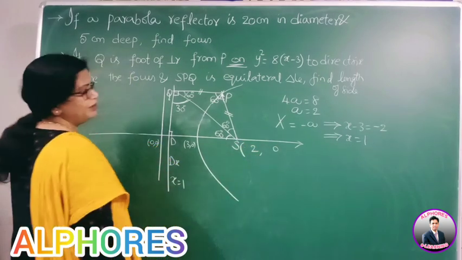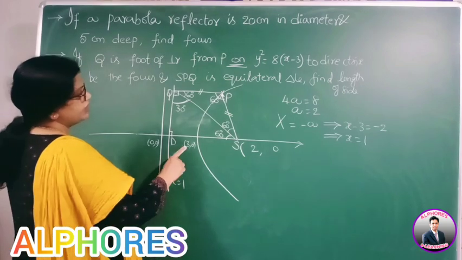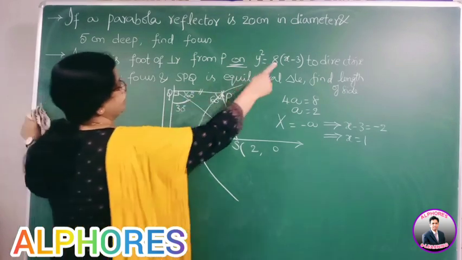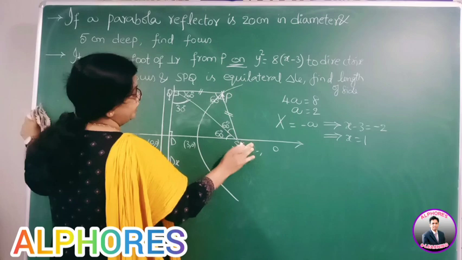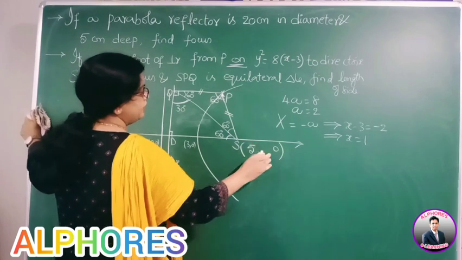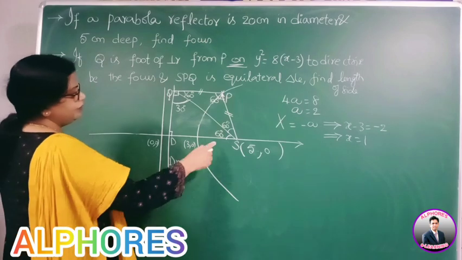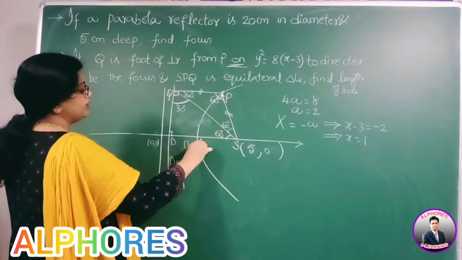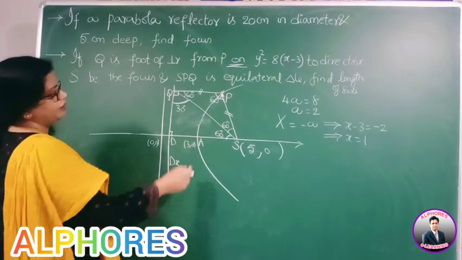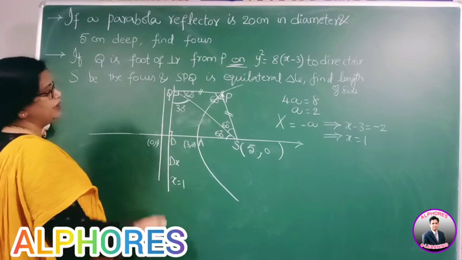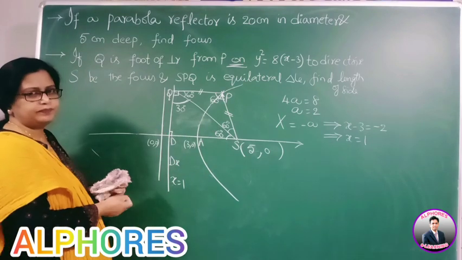But to this we need to add the extra shift, that means (3, 0). That implies this is nothing but (5, 0). So the focus is (5, 0), and the vertex is (3, 0), and thereby you can clearly obtain the other value.